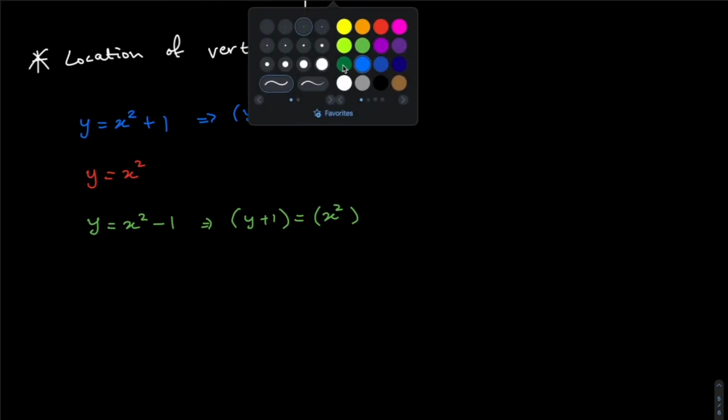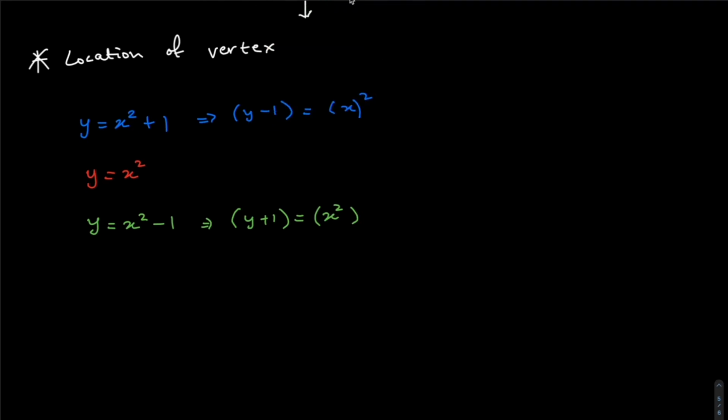And I'll do the same thing for the green equation in green, something like this. And this fits the equation that I previously had. So now, basically, I have my intercepts right here.